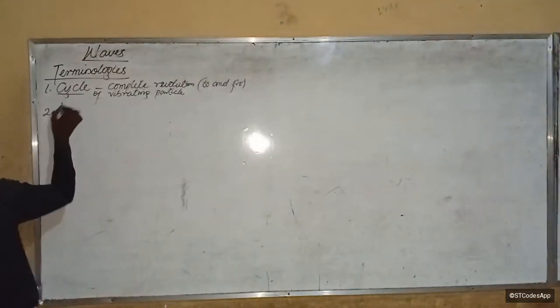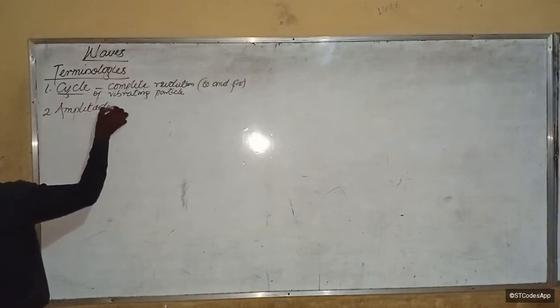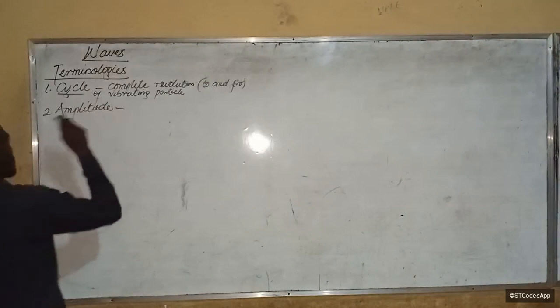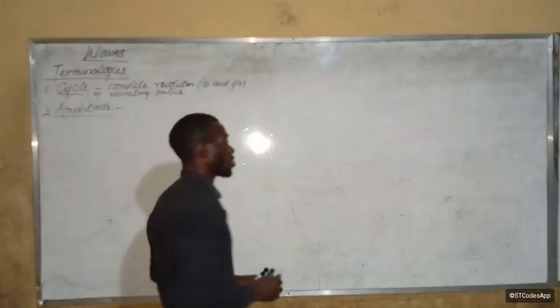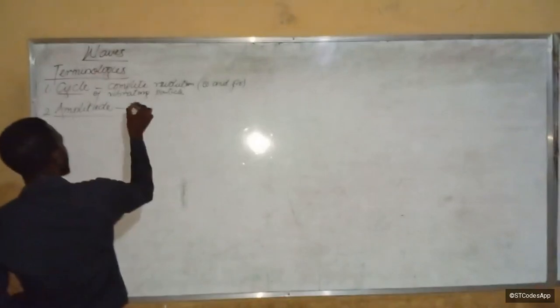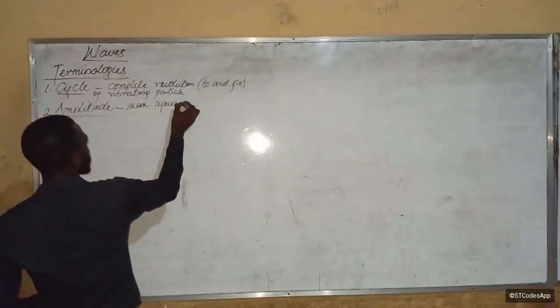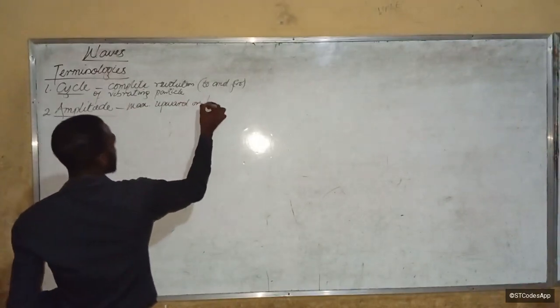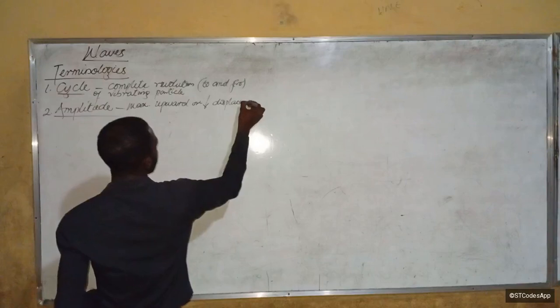So the next one is amplitude. Let's discuss amplitude. Amplitude is the maximum upward or downward displacement of the particle.